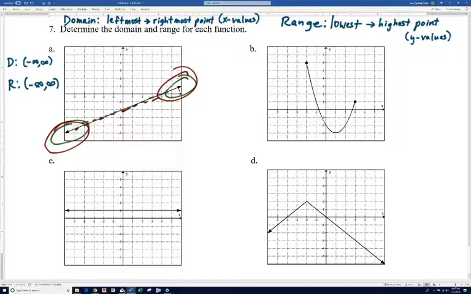All right, so for the domain, I want to go from the leftmost point to the rightmost point. Now notice at the leftmost point, the x value is -2. With domain, I'm looking at x values. And then my rightmost point is right there, and the x value there is 3. And notice these points are on the graph because we have solid dots at those endpoints.